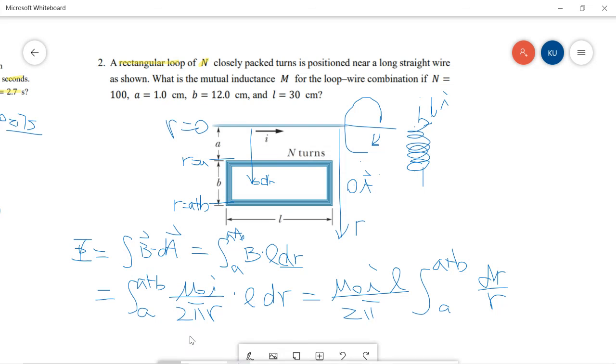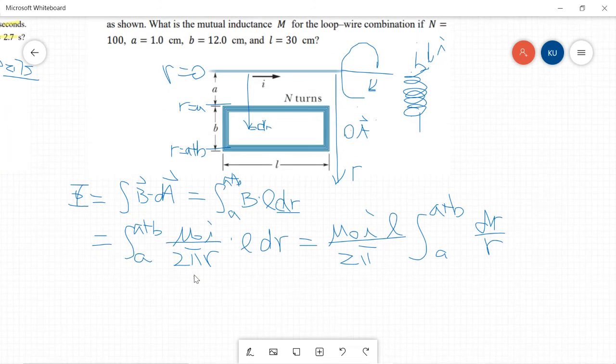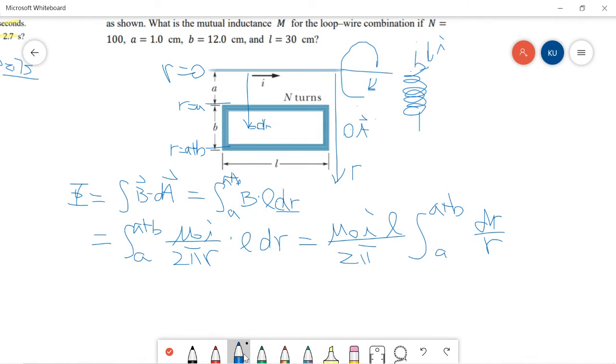So we will have mu 0 I L over 2 pi, and the integral of 1 over r is log r. We substitute the upper bound and lower bound and subtract them, so we have a plus b over a.